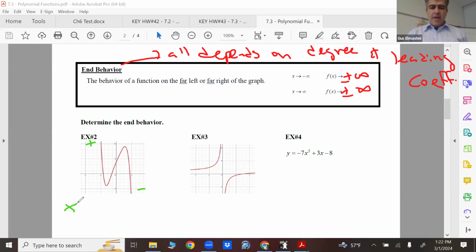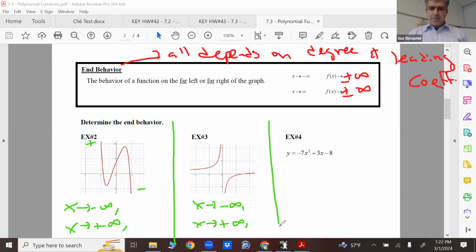So you're going to say the following. x approaches negative infinity. x approaches positive infinity. And here, same thing. And here, same thing.